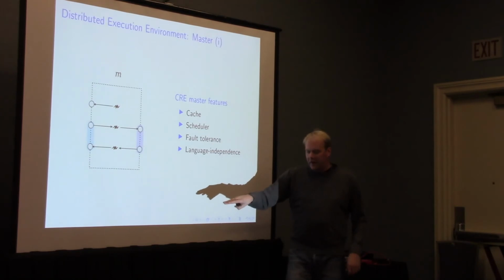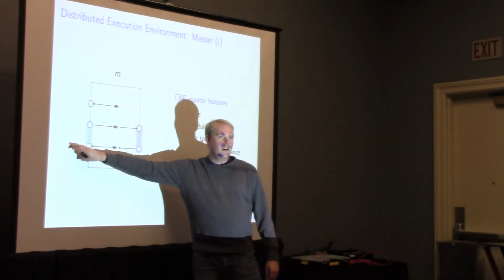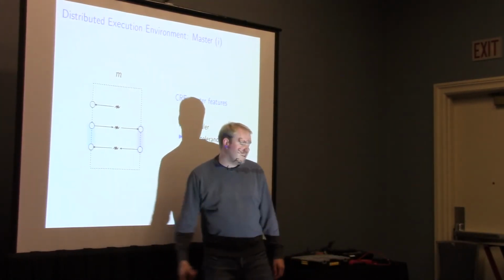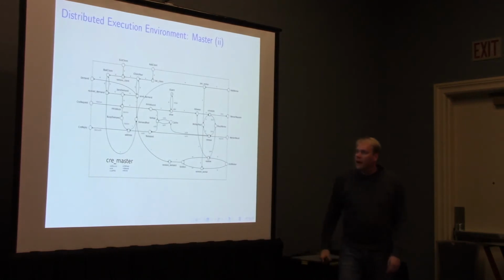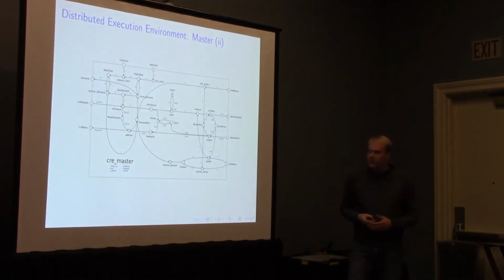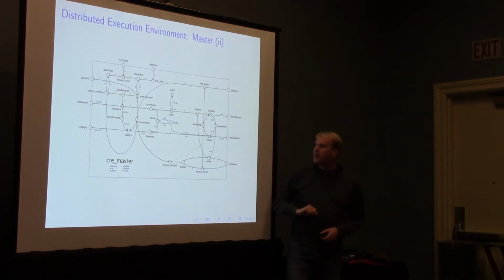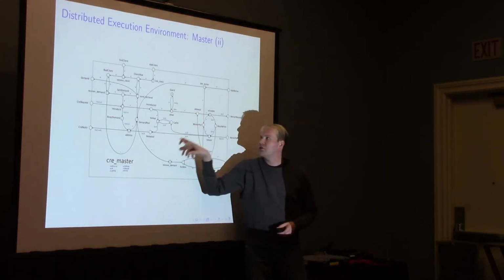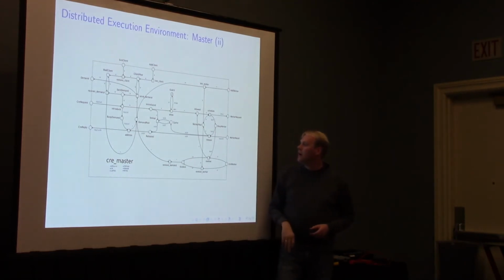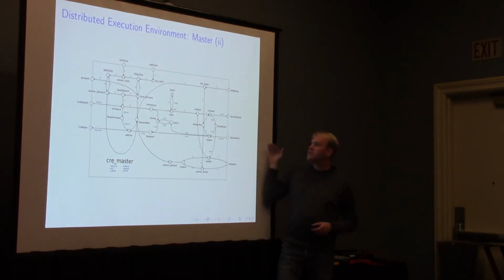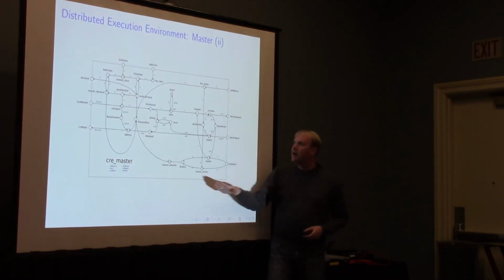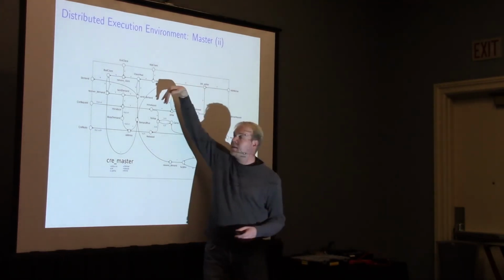I'm using a Cuneiform interpreter, but I could use anything else too. This is essentially how it looks as a Petri net. We have the scheduling part here, then the structure here is essentially a cache, and then workers can be added, workers can die, and clients can be added.